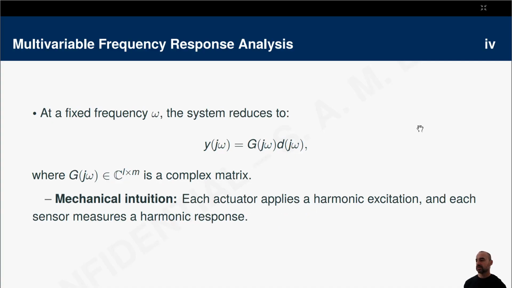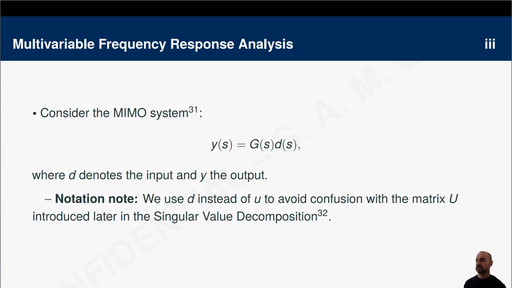Now consider the MIMO system. Y(s) equals G(s) D(s), where D denotes the input. I'm using D here just so that, in terms of notation, we're not going to have any problem later; otherwise you can call it anything.